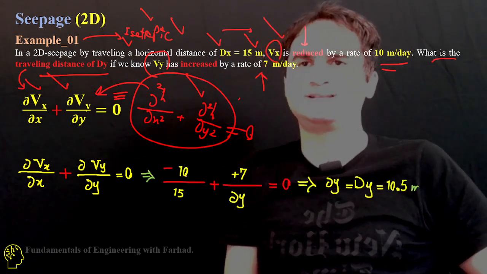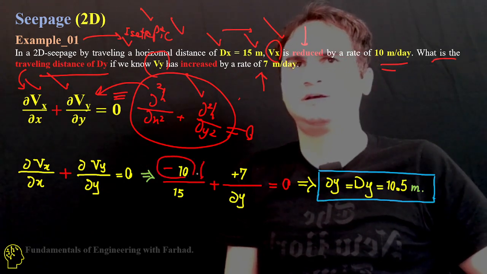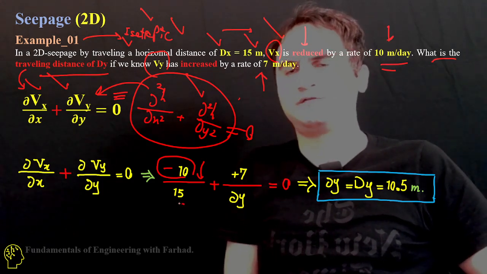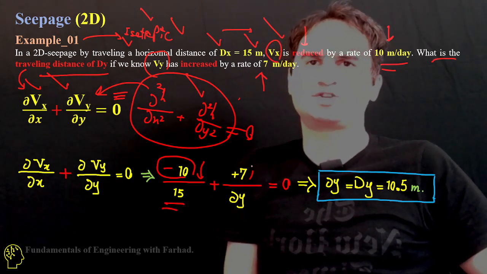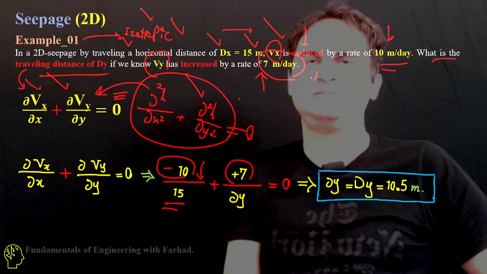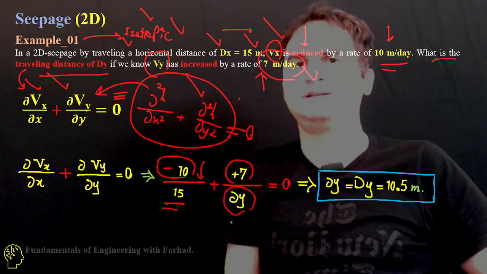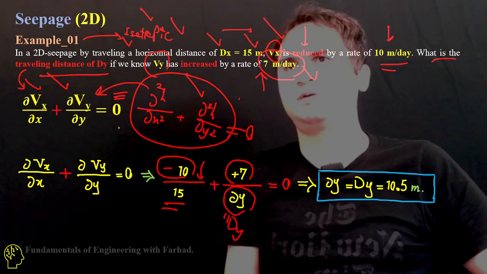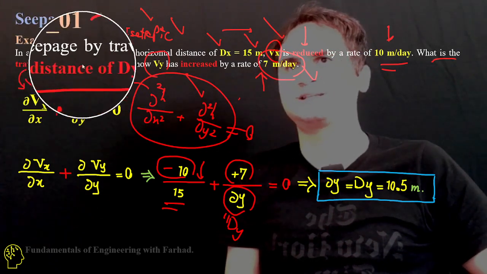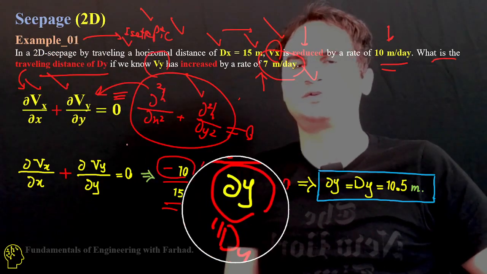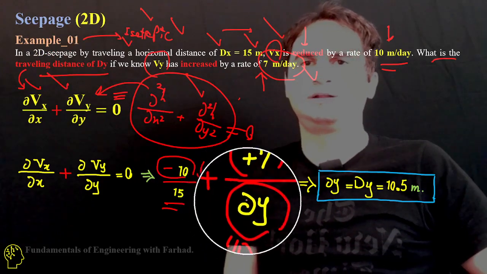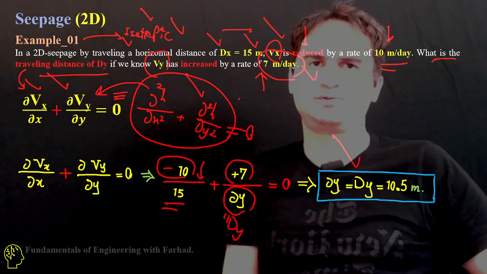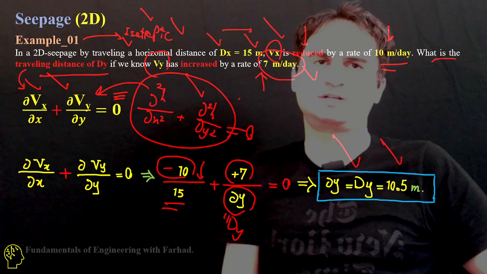So you can easily have a negative 10, a drop of 10 units over a distance of 15 meters, which gives us a rise of 7 units per a distance of dy. The traveling distance dy is what we are looking for. Dy or partial derivative of y are the same, so dy is just 10.5 meters.